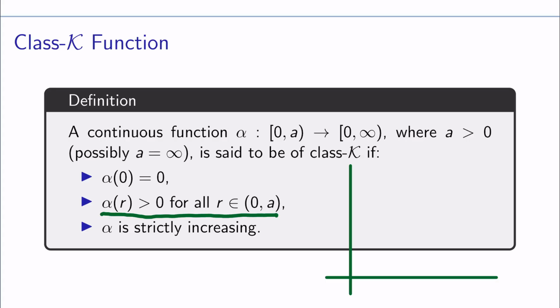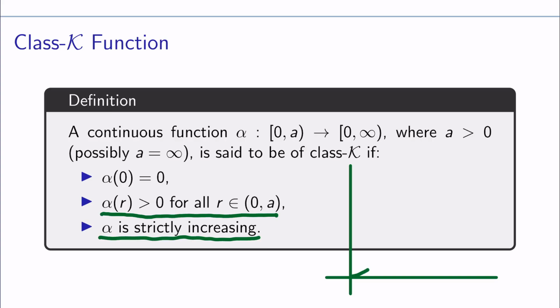Then it should be positive. Then alpha is strictly increasing with respect to r, its only argument, of course. Now that I think about it, that is kind of redundant, since it is 0 at 0 and strictly increasing, of course that needs to be the case.